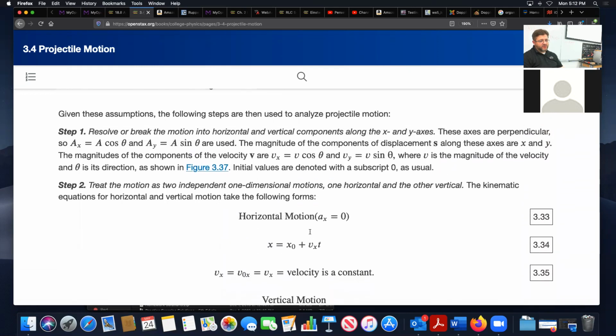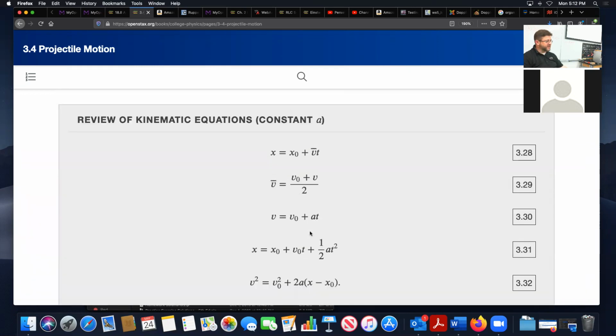We have the horizontal and the vertical, but in the horizontal direction, remember we mentioned that we're not going to deal with acceleration in the horizontal direction. We're going to let it go. And the only thing that will be accelerating this thing will be gravity. We could include some acceleration if we had air drag or something, but we're not going to do that yet.